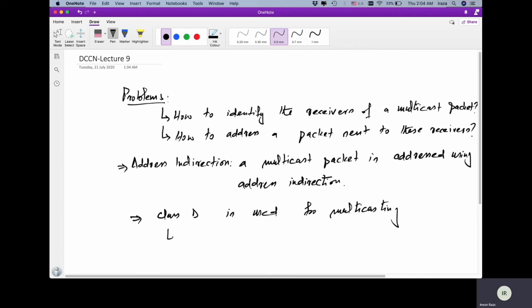So this means a class D address is referred to as a multicast group.